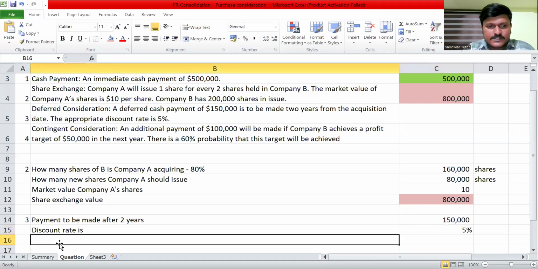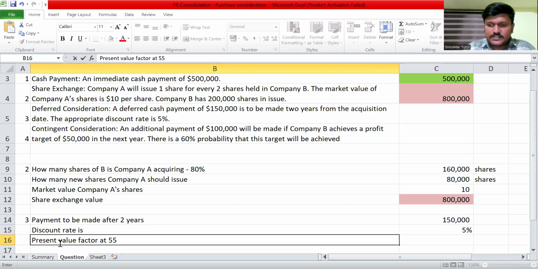Now we need to consider what is the present value factor at 5% for 2 years. Normally you will have this concept of compounding and discounting.